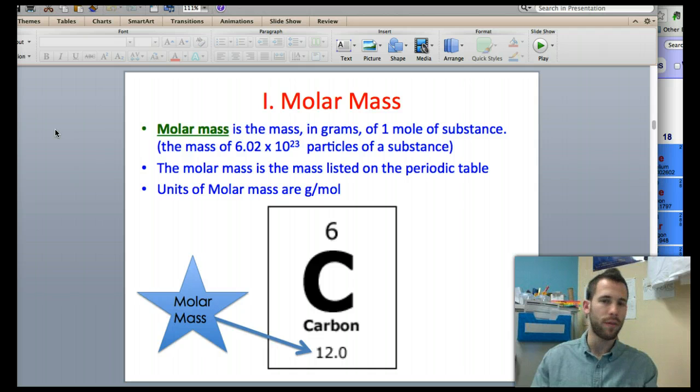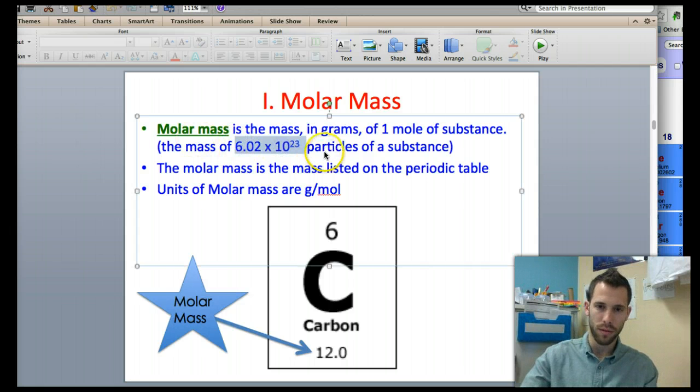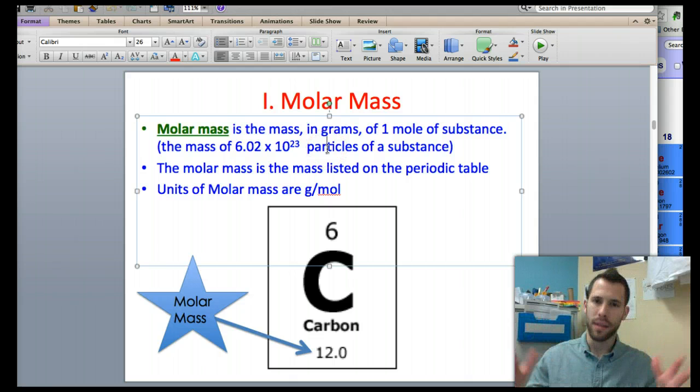Molar mass in and of itself is actually really easy to think about. We've talked about 1 mole being 6.022 times 10 to the 23rd particles. That's 1 mole. 1 mole of anything has 6.02 times 10 to the 23rd particles of that thing. So molar mass is just the mass of 1 mole of anything, of any substance.